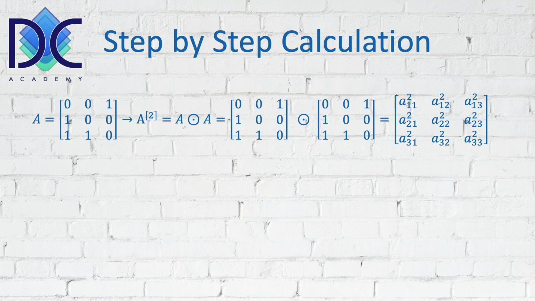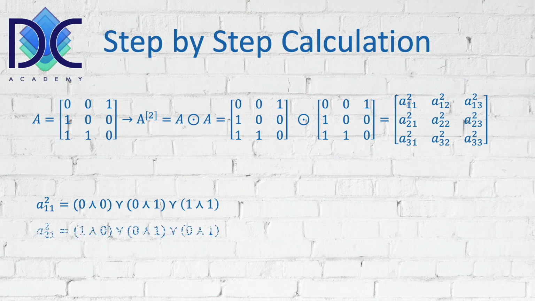We find all those 9 parameters that we have to calculate. Now what we first can write for A square 1, 1 is 0 and 0, or 0 and 1, or 1 and 1. The next thing we can do is to get the same thing for the second element.